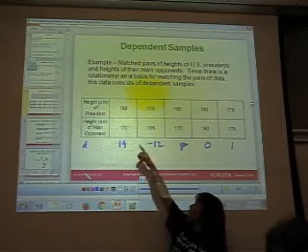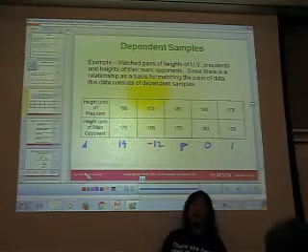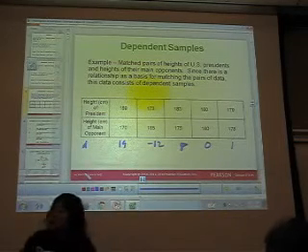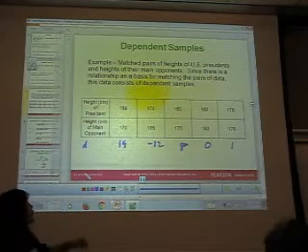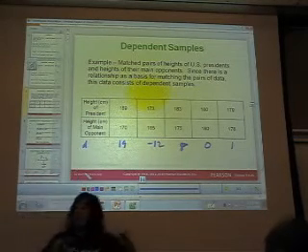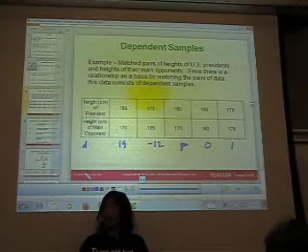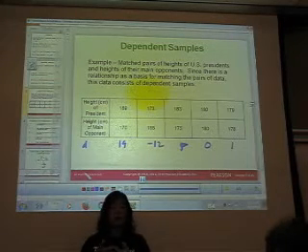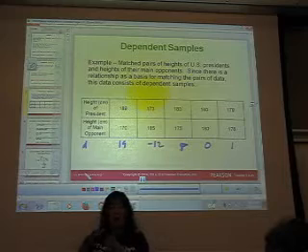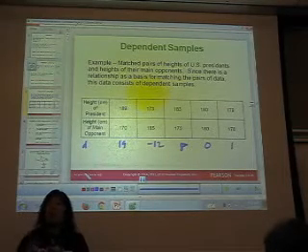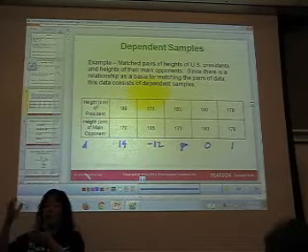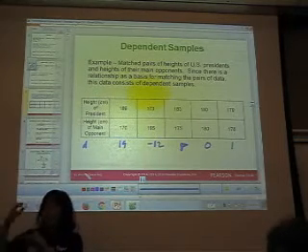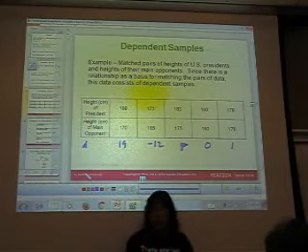If the first one is smaller than the second one, then mu d is less than 0. And if you're saying the same, then mu d is equal to 0. You've got to remember that it's all about mu d, with the first one minus the second one.